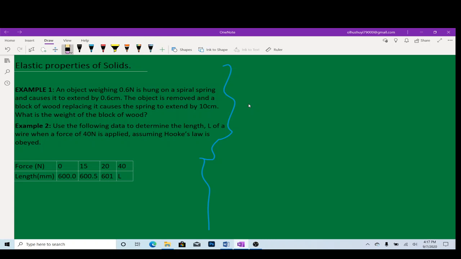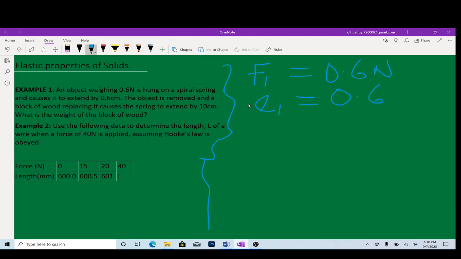Two things are involved here, the force and extension. So I can easily say I have F1, which is equal to 0.6 newtons. I can say I have my first extension: when the force of this amount is applied on the body, you have an extension of 0.6.